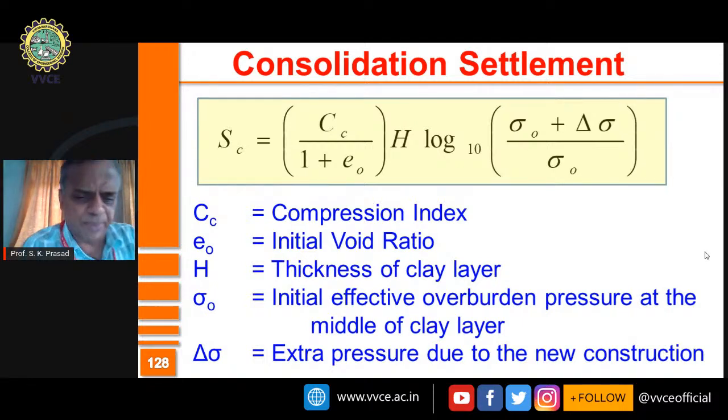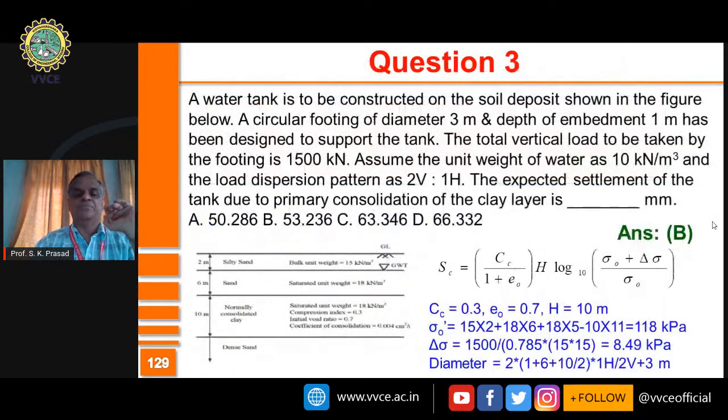So Cc is the compression index, e naught is the initial void ratio, H is the thickness of the clay layer, sigma naught is the initial overburden pressure, and delta sigma refers to the additional pressure due to the addition of new construction.